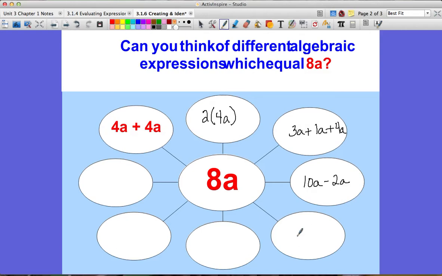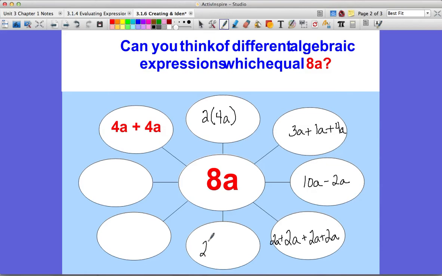All right, so here we could also break it down into 2a plus 2a plus 2a plus 2a. I'm running out of space here.